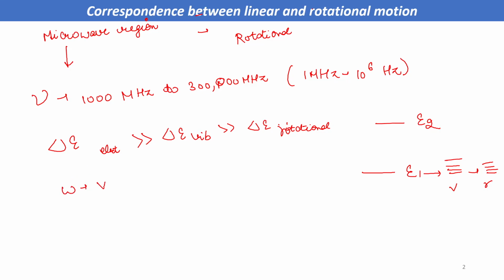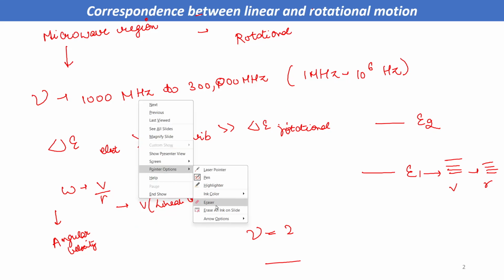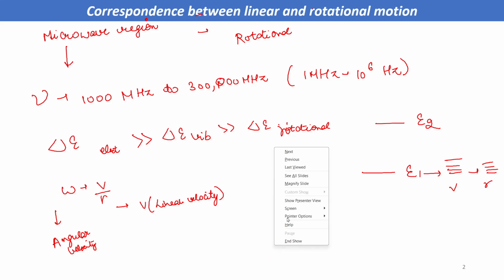We know that omega equals v by r, where omega is the angular velocity and v is the linear velocity. So this relation was there: omega is v by r. Then we also know that frequency is equal to v by 2 pi r.